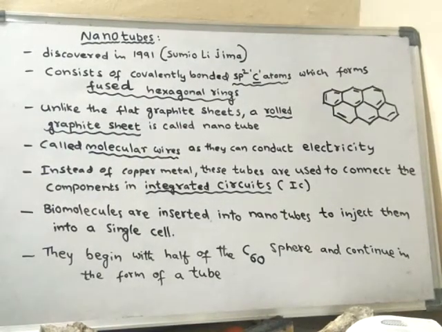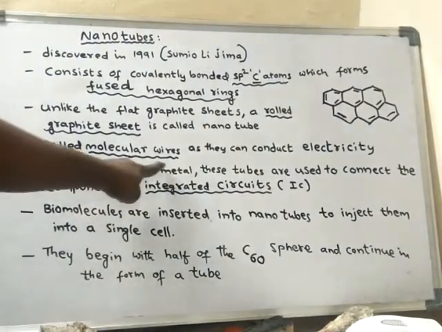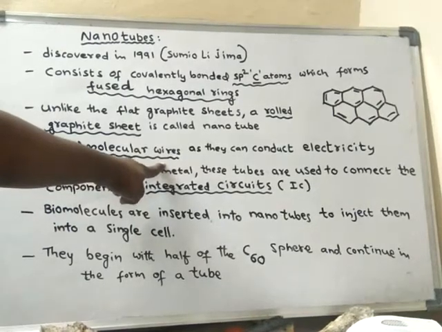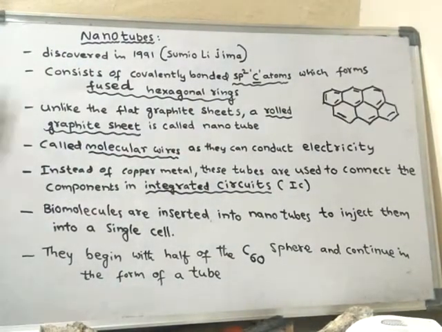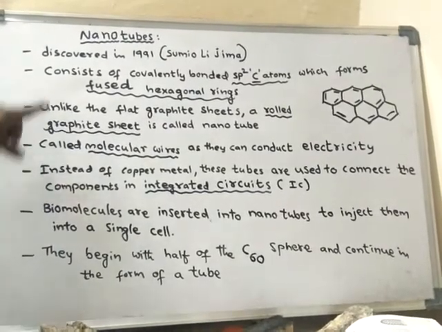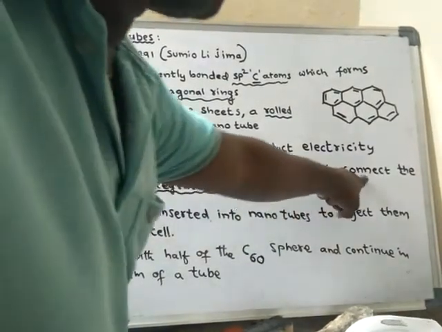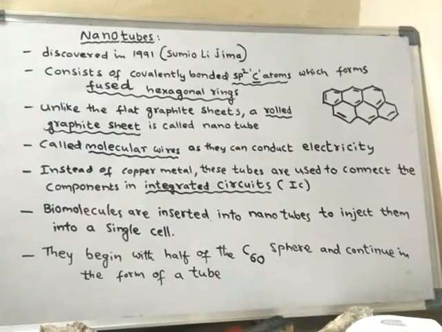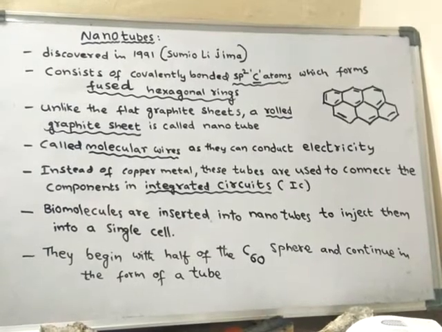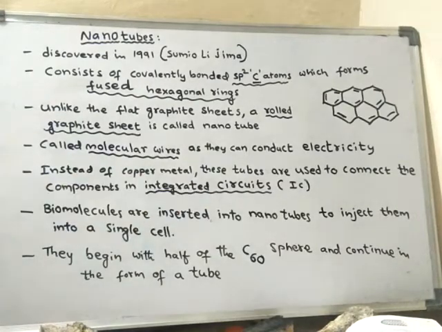These nanotubes are also called molecular wires, because they can conduct electricity. Instead of copper metal, these tubes are used to connect the components in integrated circuits. In electronic equipment like television, computer, etc., you will find integrated circuits.